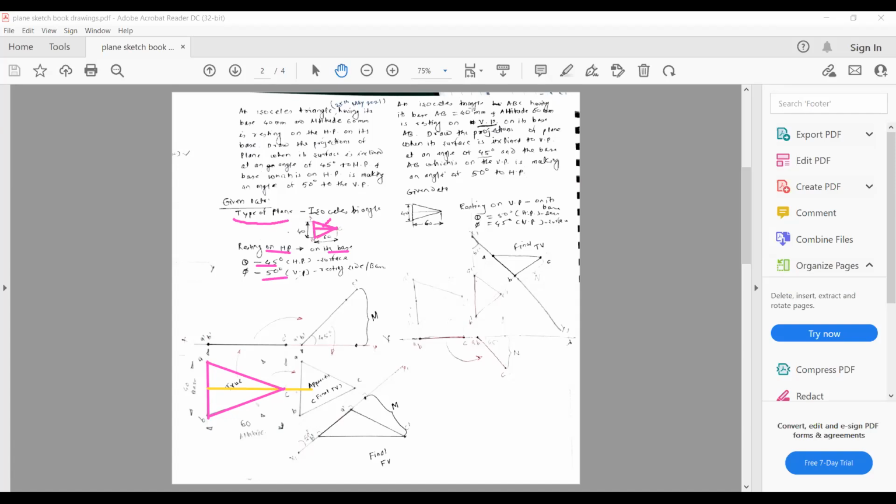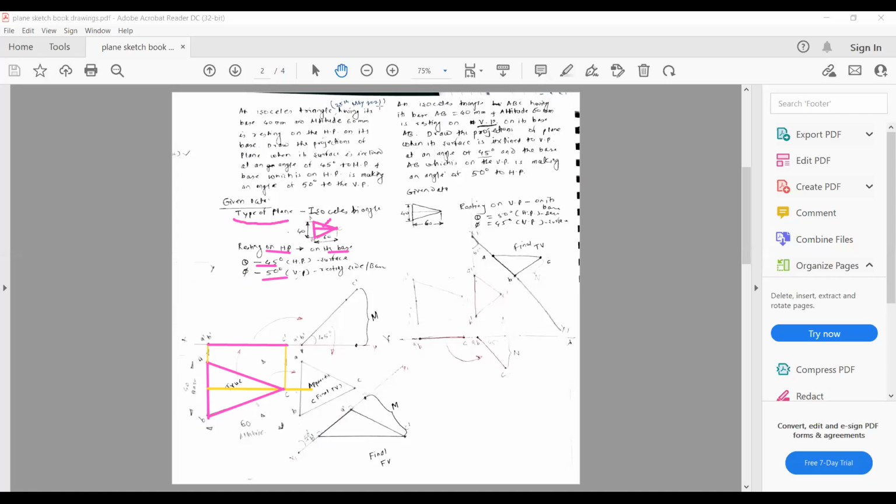Then take the projection, as I said, from point C. Where it intersects the XY line, it will give the front view, which is in the form of a line. Okay. So this is the front view you get here. The points are A dash, B dash, and C dash, the corner point.